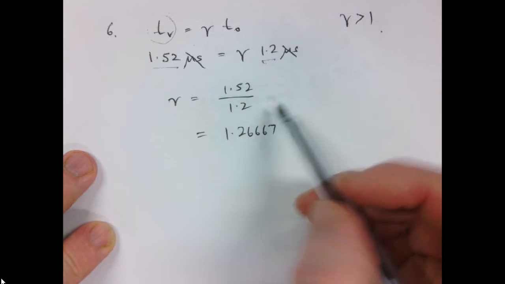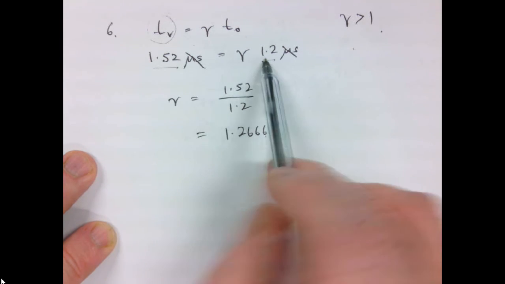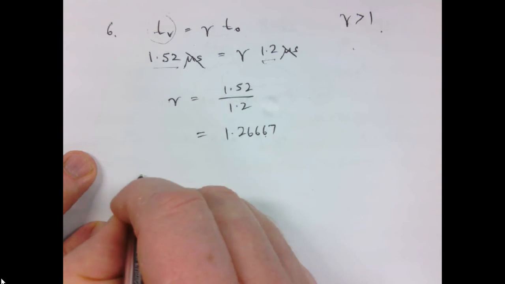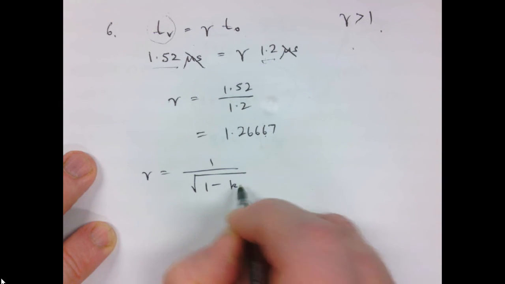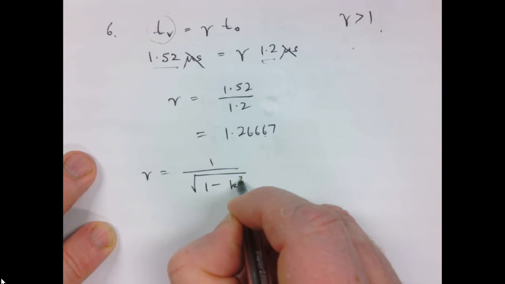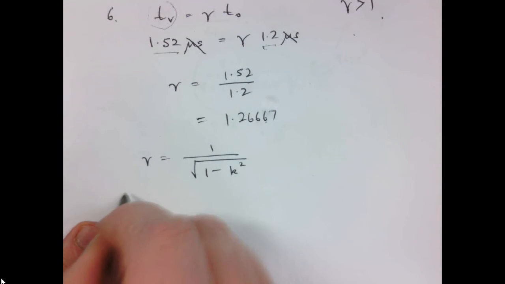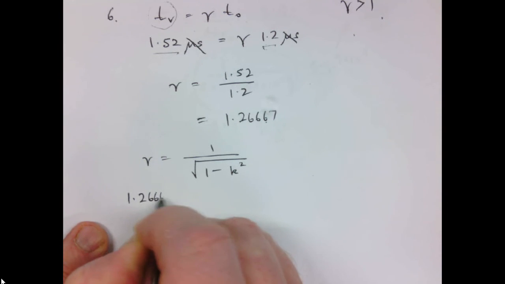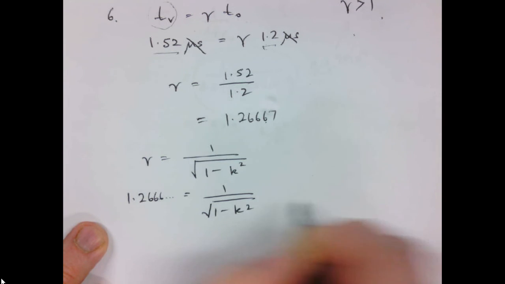Now, if we didn't get a gamma being greater than 1, we would have got these in the wrong position. So now using gamma equaling 1 over the square root of 1 minus k squared, where k is the fraction of light speed, we'll use that formula there. So 1.2666 dot dot dot equals 1 over the square root of 1 minus k squared.